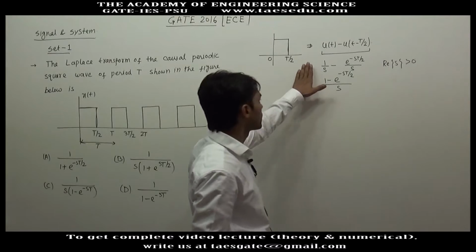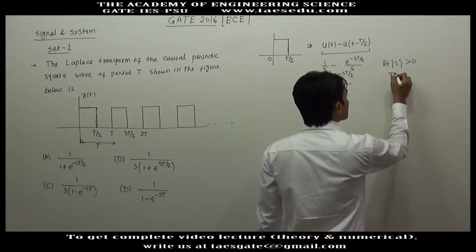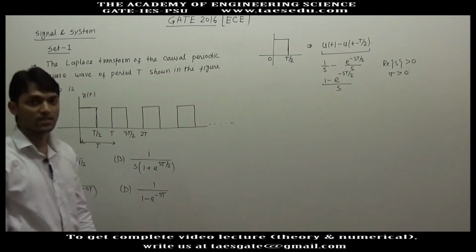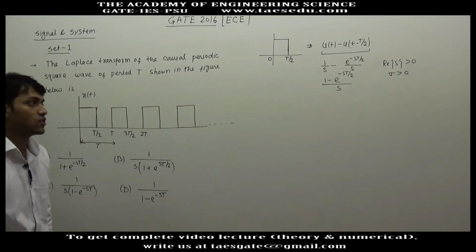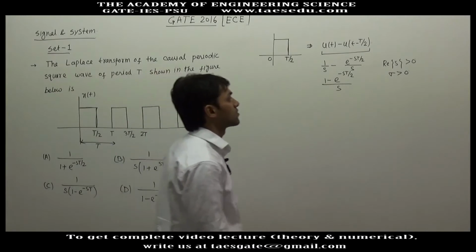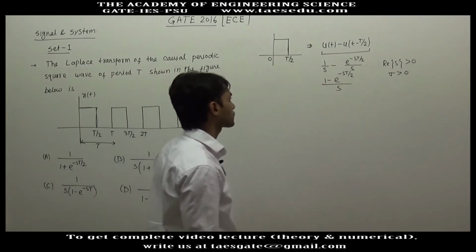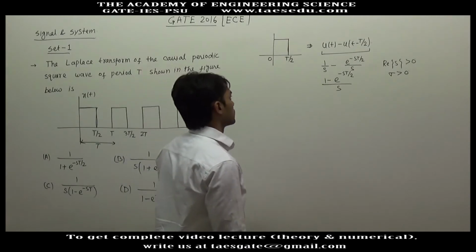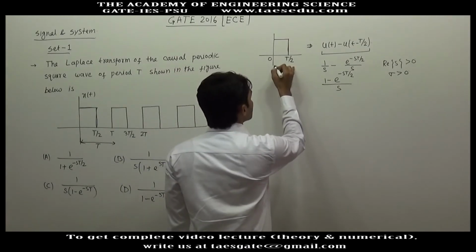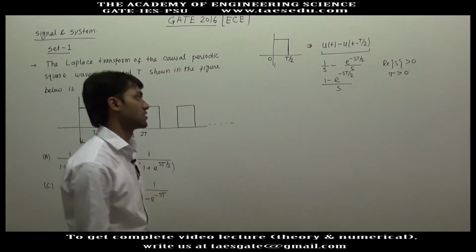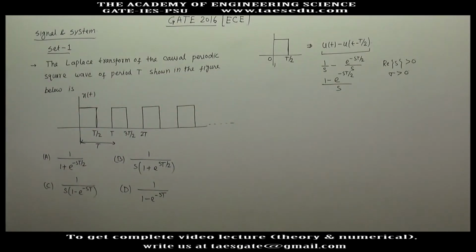If you have u(t), sigma has to be greater than 0, and if you have u(minus t), it will be anti-causal, so sigma has to be less than 0. So the Laplace transform of this signal is (1 minus e to power minus sT by 2) divided by s.